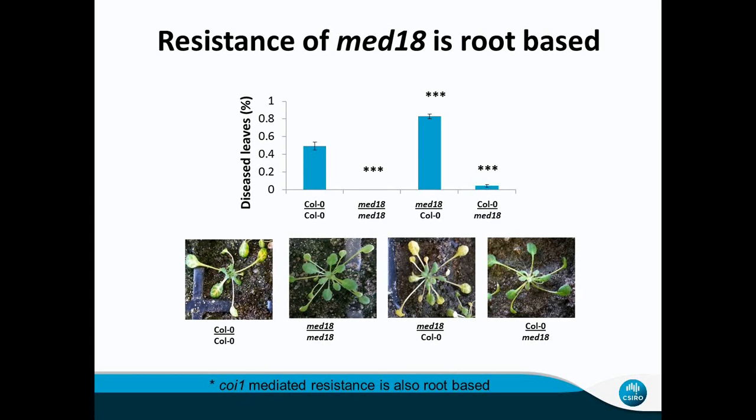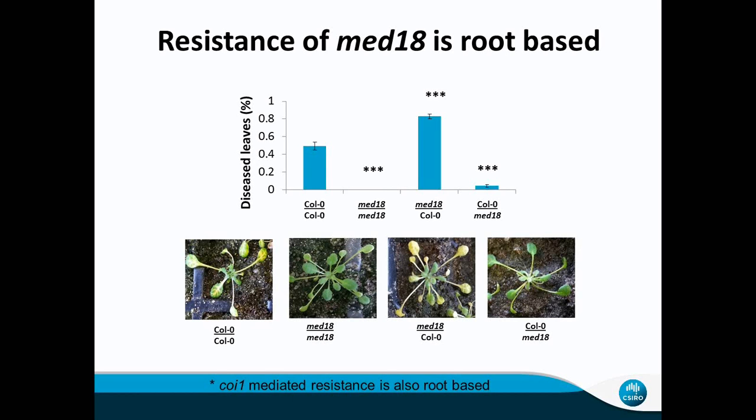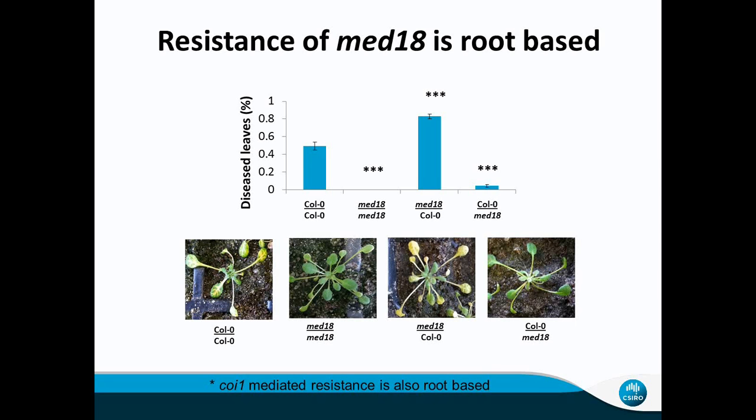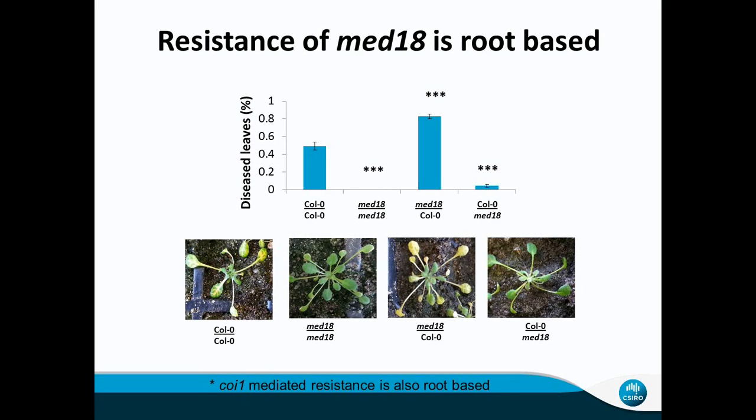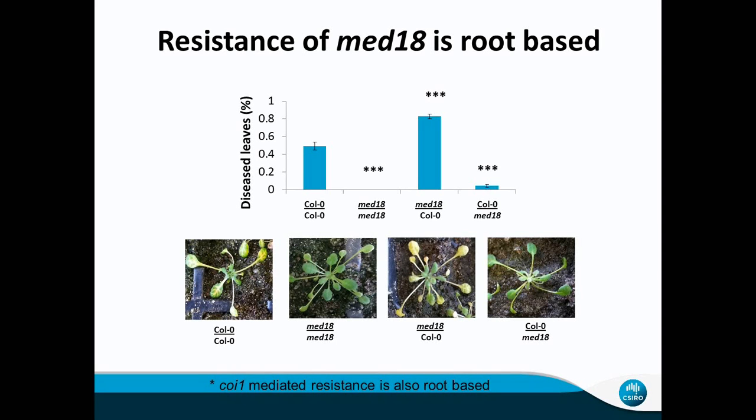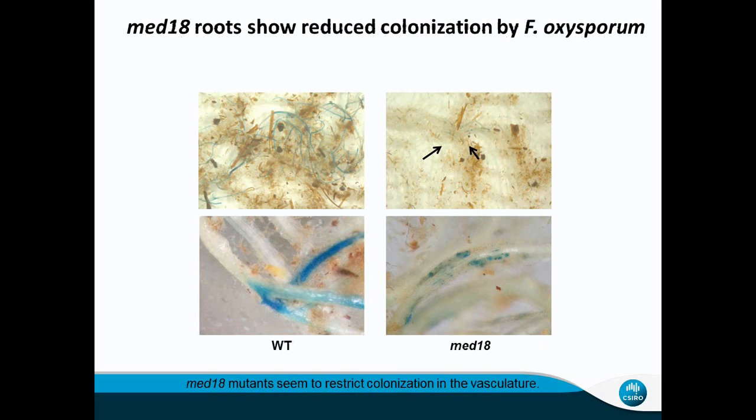But if you have MED18 in the roots, as rootstock, you get increased disease resistance, indicating that this mutant affecting this resistance seems to be functioning in the roots. So these kinds of grafting experiments that you can do in Arabidopsis seem to be extremely useful to understand whether the resistance is happening in the roots or in the shoots.